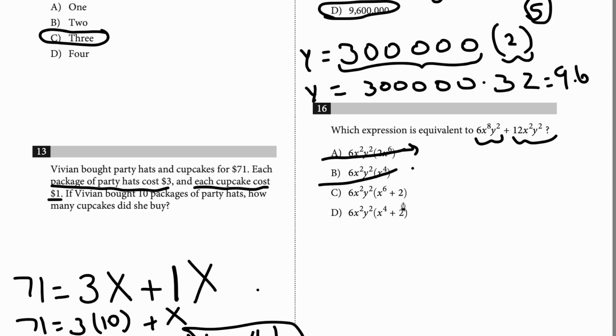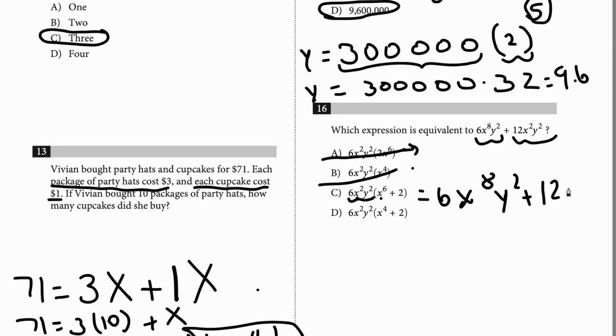So now it's just between option C and option D, which would be 6x squared times y squared times x to the power of 6. So this means we would just add the exponent values for this and this, which would become 6x to the power of 8 times y squared plus, and now we have to do the second part of the equation, which is 2 times this outside value, which would end up being 2 times 6, which is 12.